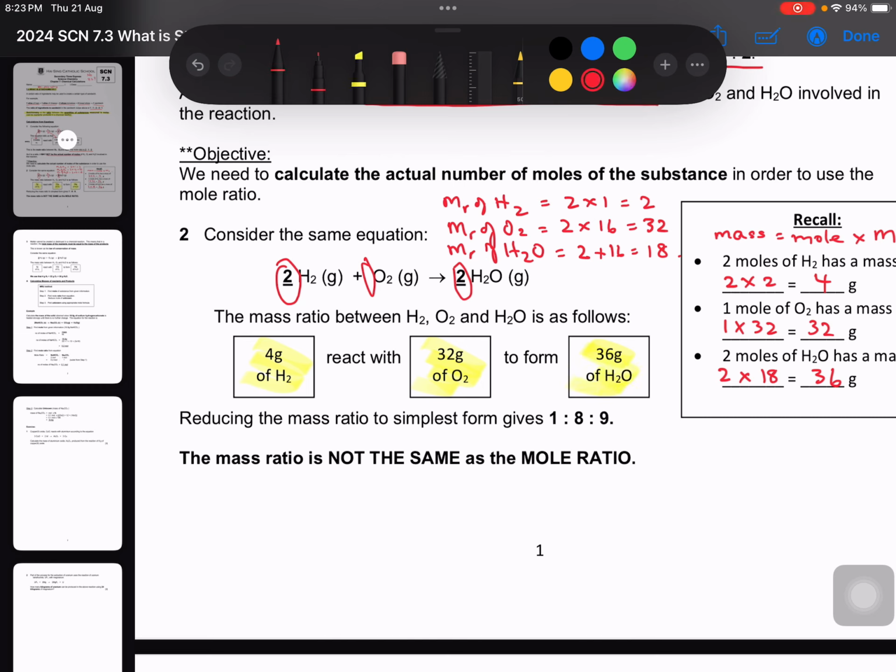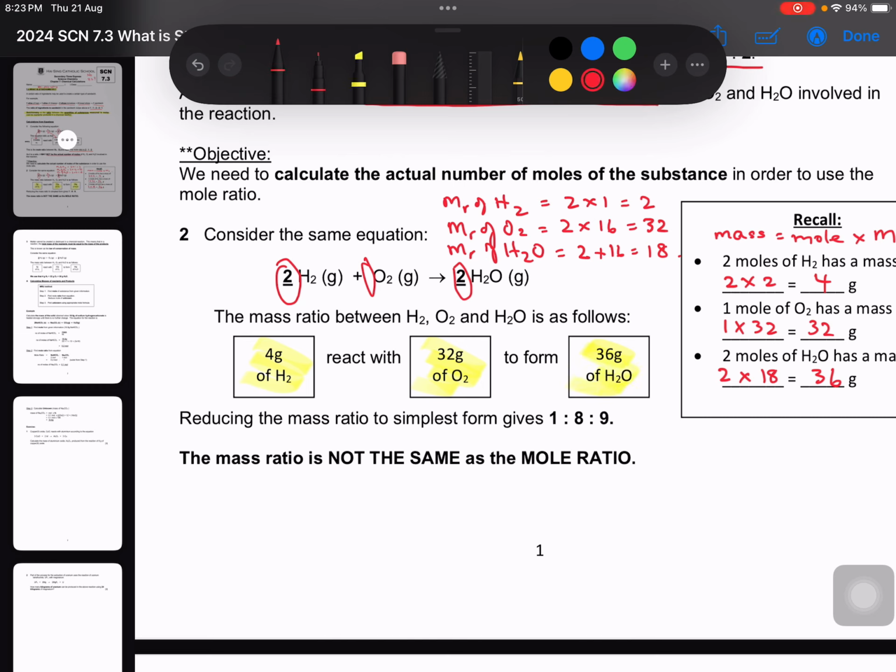And what is the ratio in that case? The ratio is 1 is to 8 is to 9. It's different from moles. If you compare the one on top here, the ratio of moles is 2 is to 1 is to 2, whereas mass is 1 is to 8 is to 9. So the balancing number is not telling us the mass, it's telling us the mole.